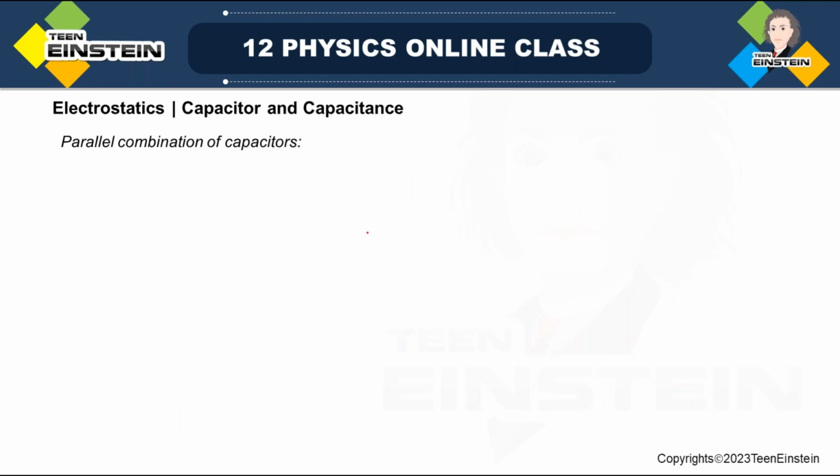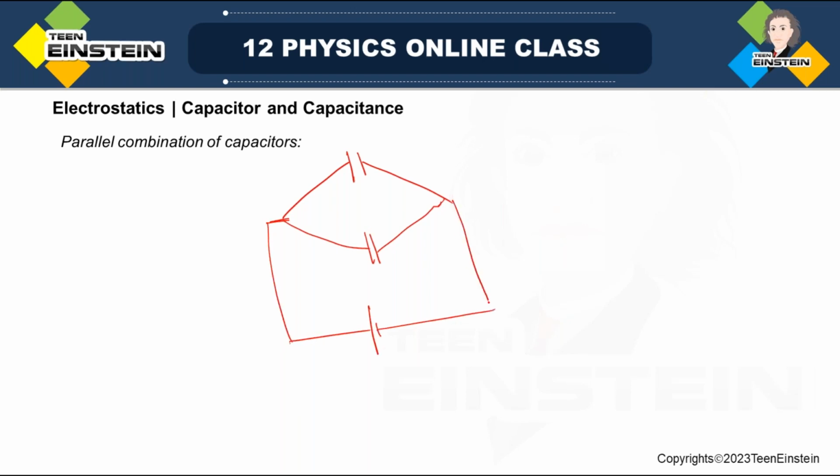Let me just draw the figure in case of parallel combination. Suppose there are two capacitors of capacitance C1 and C2.